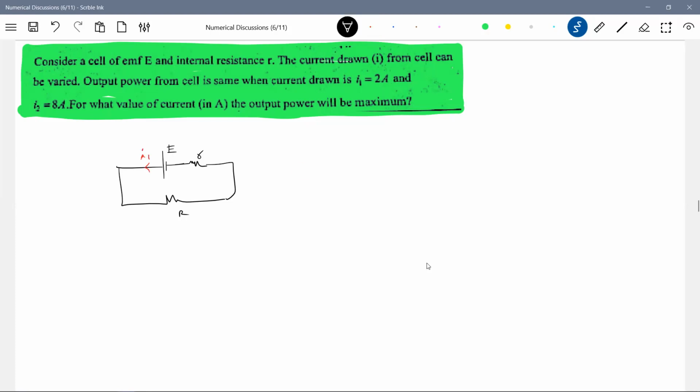In the second situation, for what value of current will the output power be maximum? I'll come to that first. Can we assume something like this?